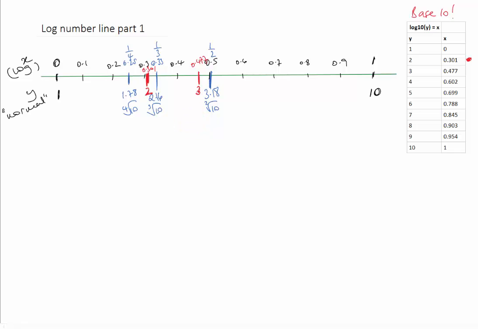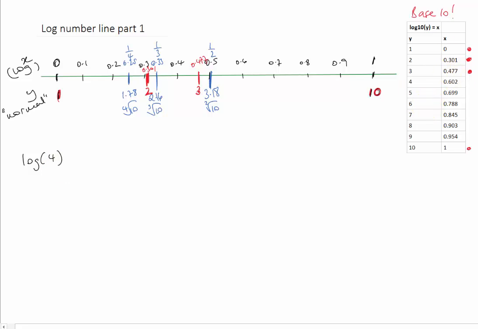Okay, so now I'm going to build up a few more using those values and the laws of logarithms that we've already looked at. So these are the two we've already put on there, and we've also got 1 to 10. So how about if we want to know the log of 4? Now I have it in my table here, but let's pretend I don't.